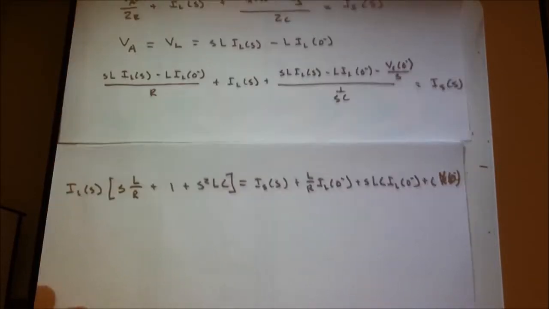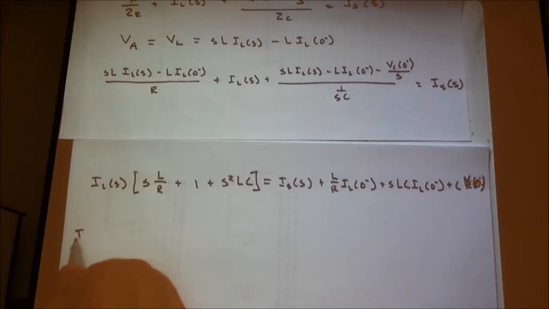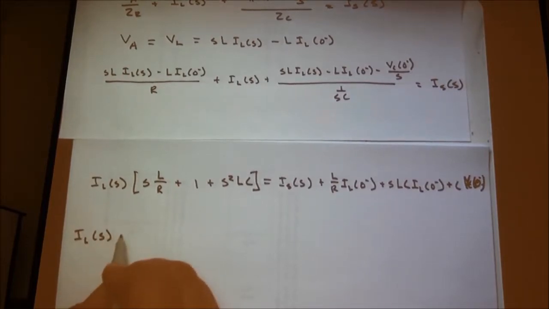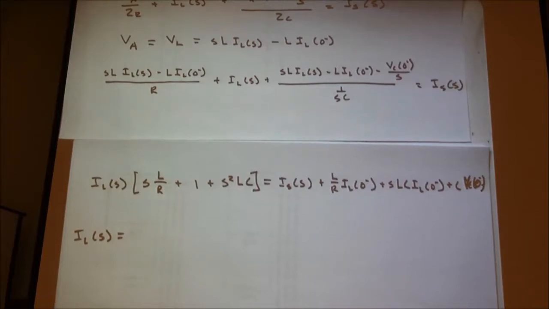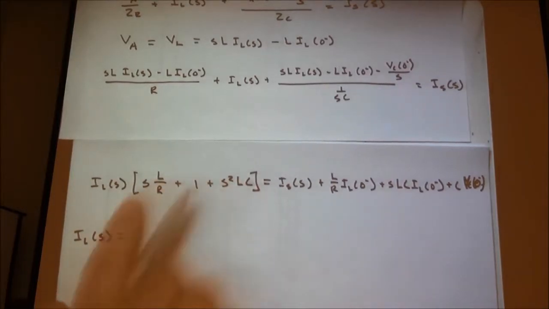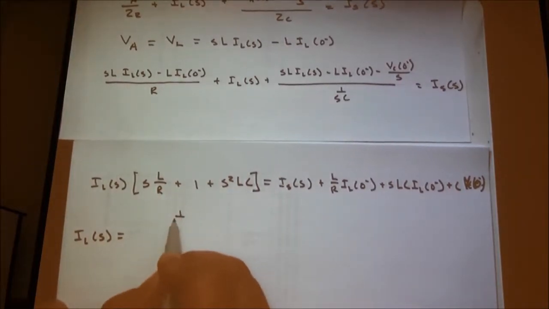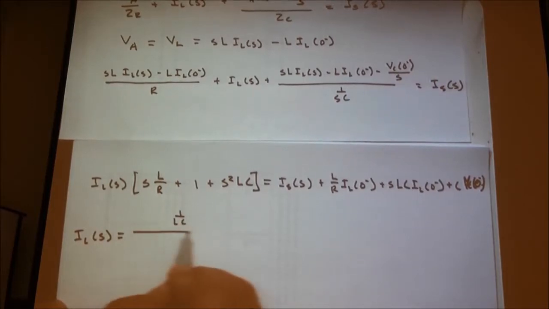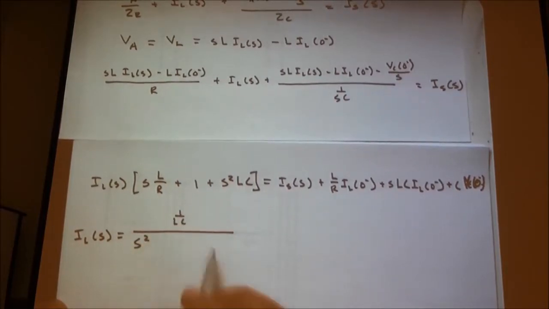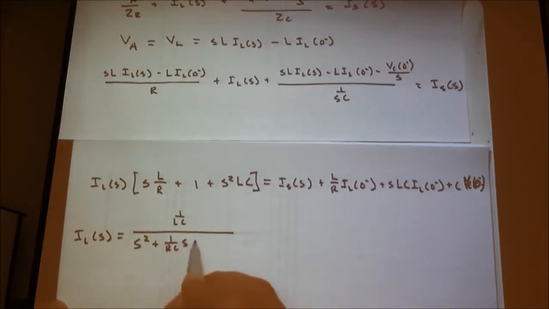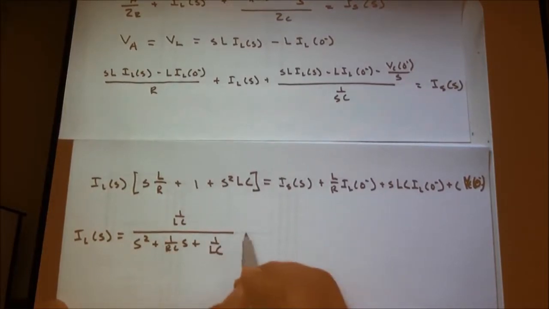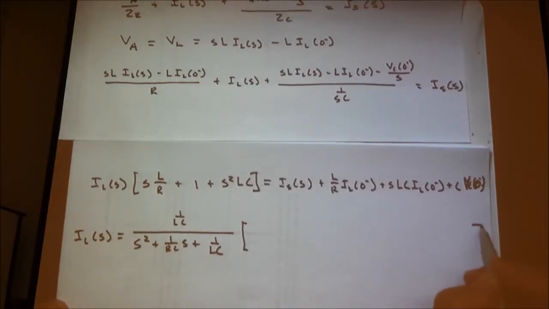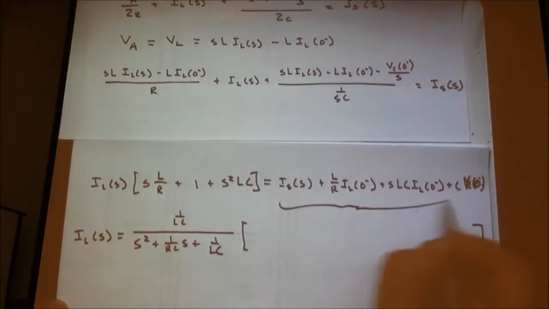Now the last thing we want to do here, we do want this in terms of I_L(s). So a little bit more rearranging here. If I do some manipulation on this, I get 1 over LC over s squared plus 1 over RC s plus 1 over LC, times all this stuff, which I don't feel like rewriting.